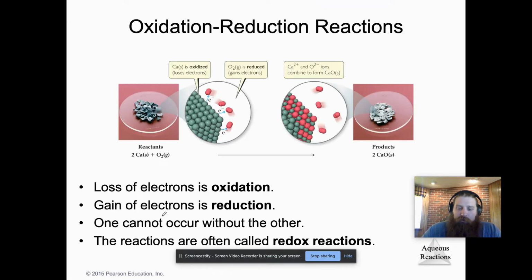Let's switch gears again, right? Chapter 4 kind of hits some high points. So redox reactions. Now, last year we talked about redox reactions. What did we do for redox?